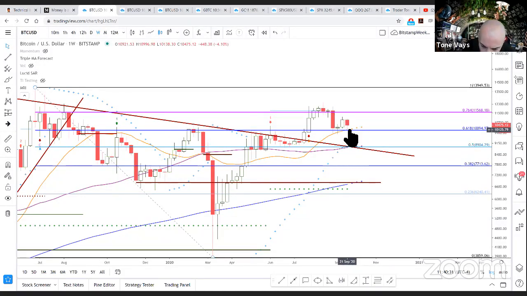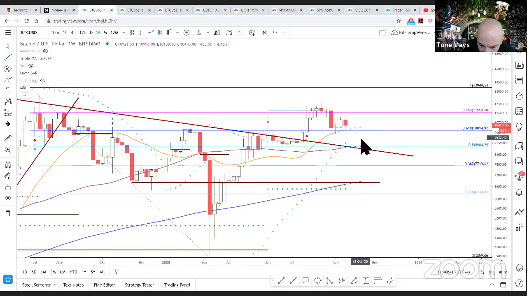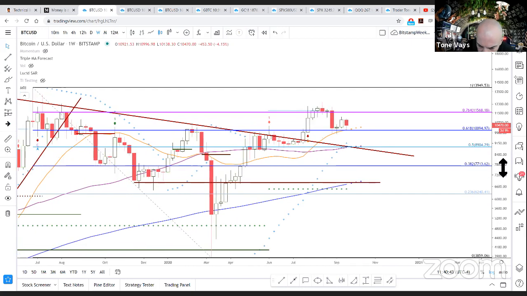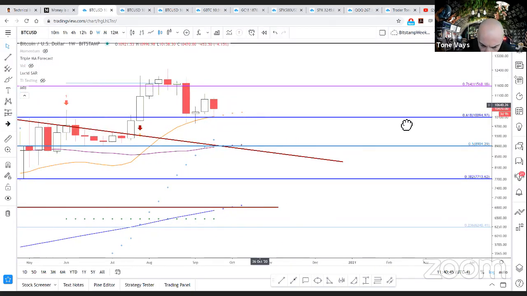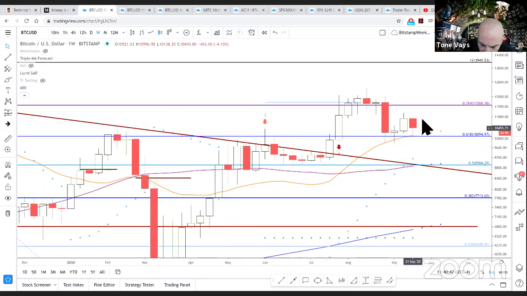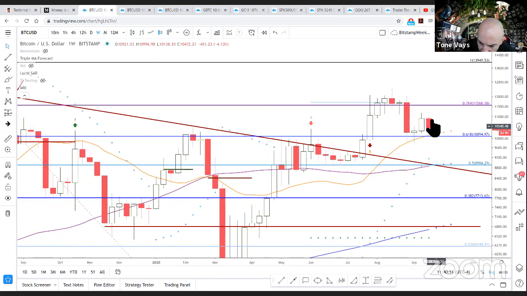That is Fibonacci support and moving average support on the weekly chart. This candle is not telling us anything on the weekly chart. So we go to the lower level timeframes. There's nothing going on at a weekly scale other than consolidation between a recent high and a recent low.